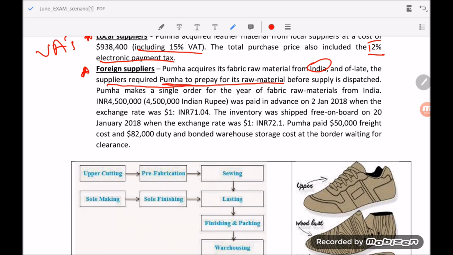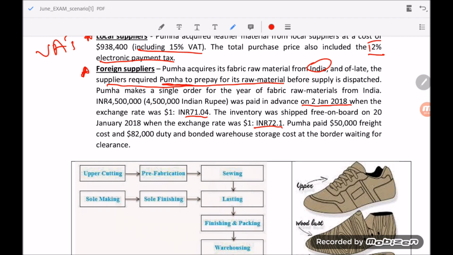They say Puma makes a single order for the year of fabric raw materials from India, and they paid the Indian rupee, which amounted to 4,500,000, paid in advance on 2 January 2018, when the exchange rate was 71.04. Then the inventory was shipped free on board on 20 January 2018, when the exchange rate was 72.